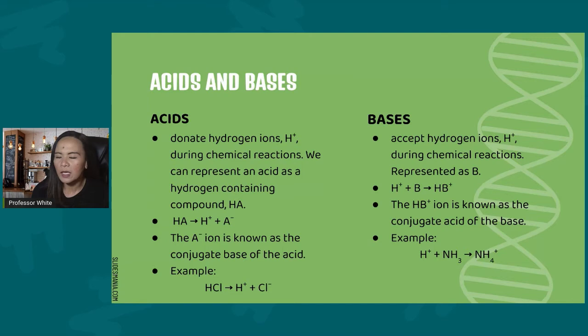The HB+ ion is known as the conjugate acid of the base. For example, the reaction of ammonia in the presence of a hydrogen ion will form NH4+, in this example of a base, which is your ammonia.